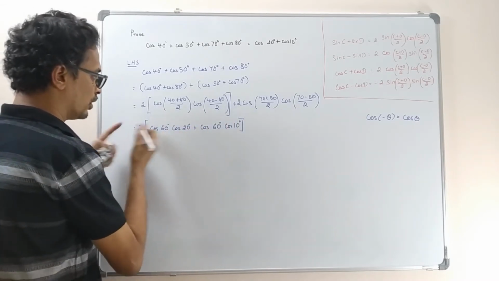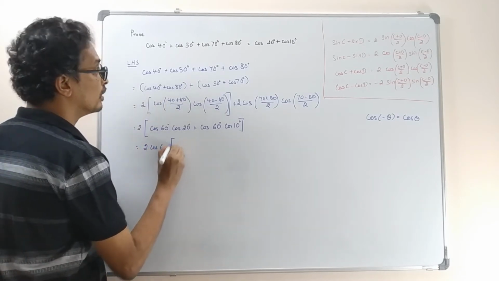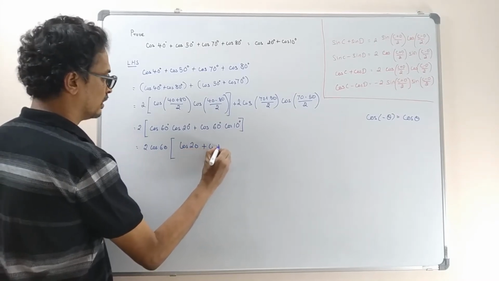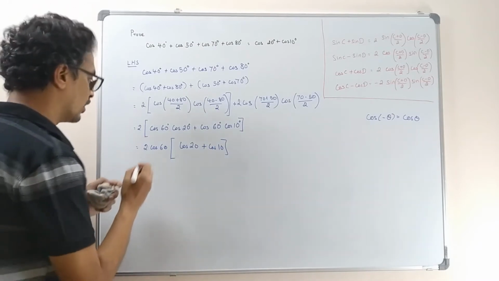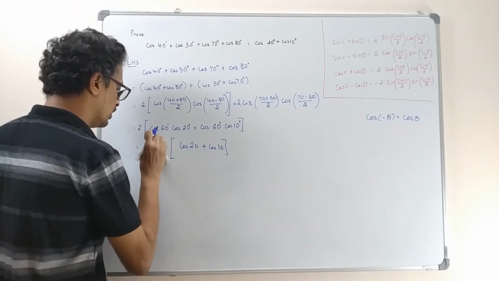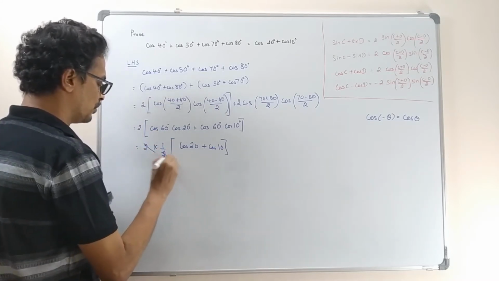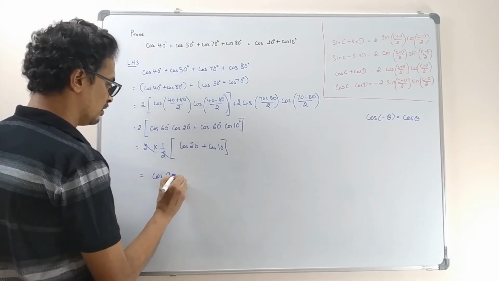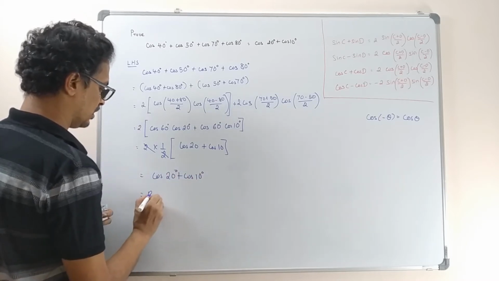So now we can take cos 60 commonly outside: 2 times cos 60 into (cos 20 plus cos 10). Cos 60 is 1 by 2. So that makes it cos 20 plus cos 10, which is your RHS.